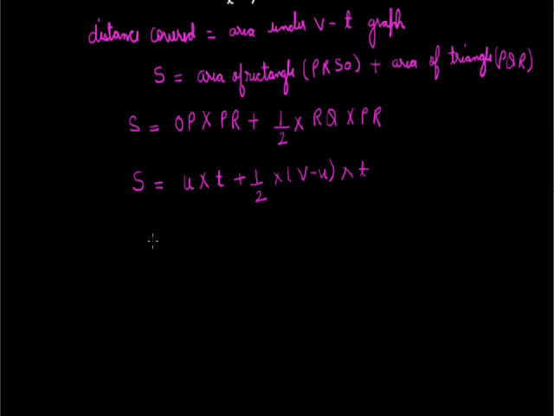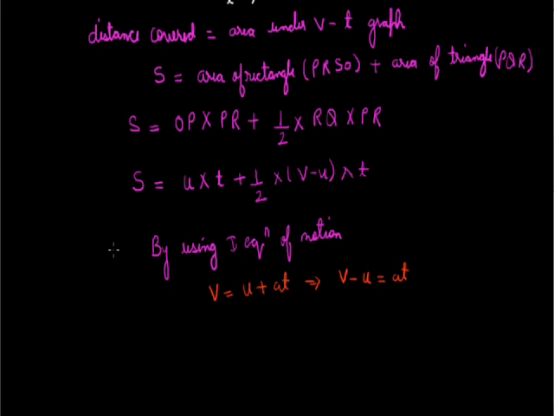By using the first equation of motion here, that is v is equal to u plus at, which implies v minus u will be equal to at.